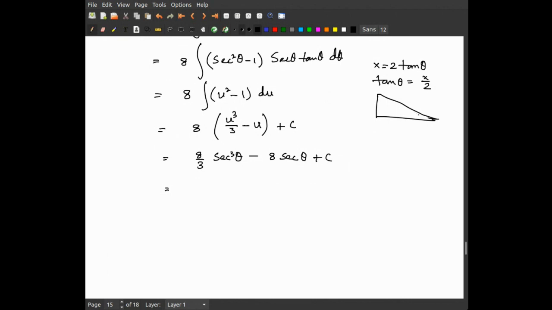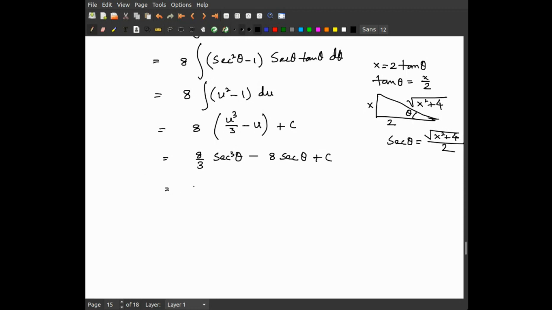That means if this is theta, then this would be x and this would be 2, and this would be square root of x squared plus 4. If I ask you the value of secant theta, secant theta is hypotenuse by adjacent, so that means this would be square root of x squared plus 4 divided by 2.